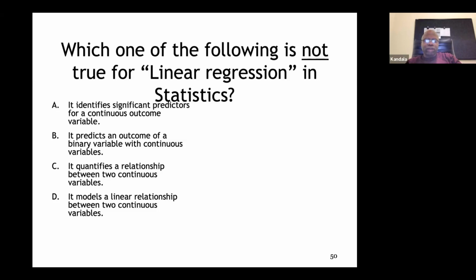C, it quantifies a relationship between two continuous variables. And D, it models a linear relationship between two continuous variables. Which one is not true?